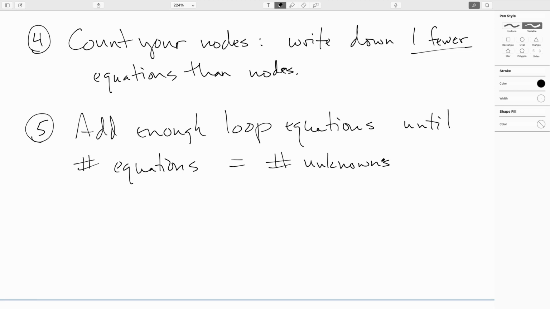And keep track of that, because sometimes as you keep adding equations, you find that your number of unknowns is going up too. Just because you counted all of your unknowns to begin with doesn't mean you might not end up with a few more. So you're going to have to keep the process going.